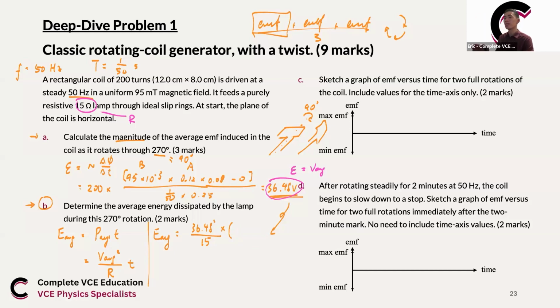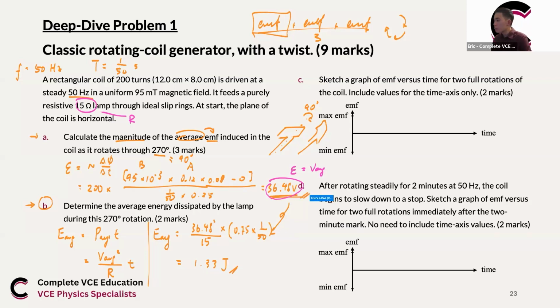You can't use the first method where we simplified the scenario. The difference is that in the first case we were considering the average EMF induced. Here we're considering the whole duration of this rotation, and how much energy is created in there. So I'll put it in words: 0.75 times 1 over 15. The answer would be 1.33 joules.